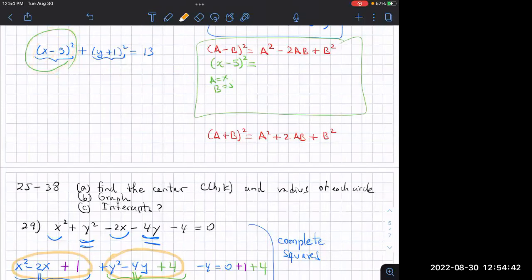That's how you get the general form. Right now, this is basically to give us all the ingredients we need to get to that point. So what is (x minus 5) squared?